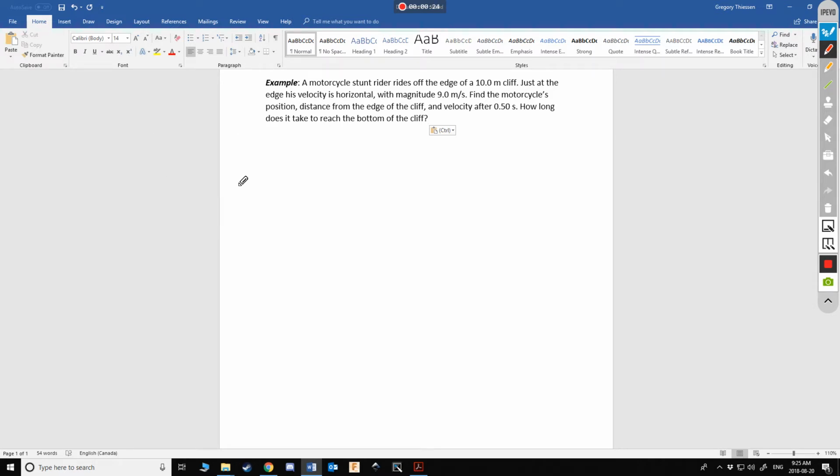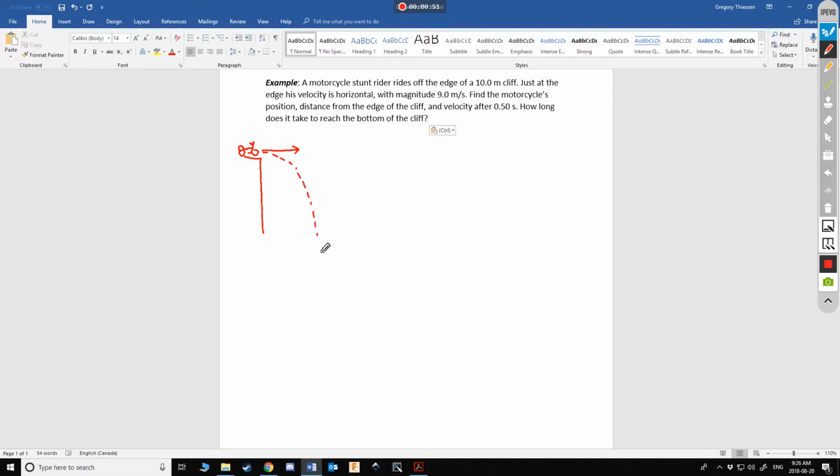So the first thing we want to do is always to draw a picture. So here is my picture. And I have a motorcycle stunt rider. Okay, there's a motorcycle. And he has some horizontal velocity. So as soon as he goes off the ledge, we know he will start to fall.